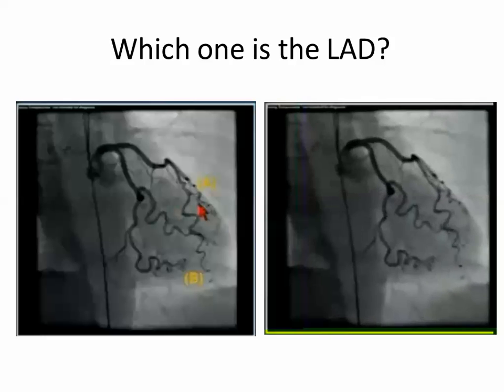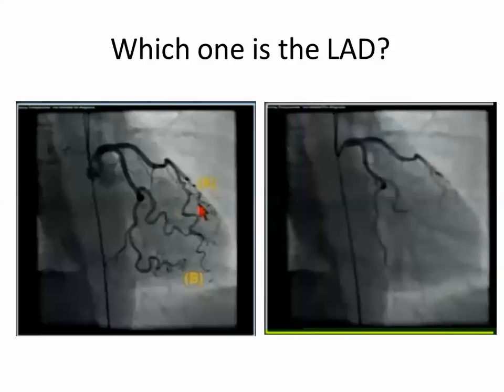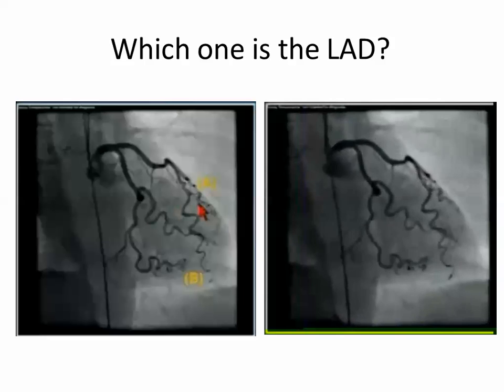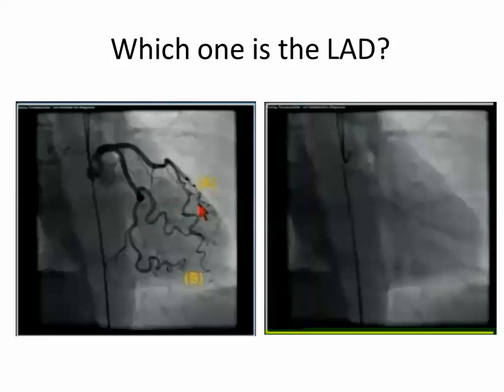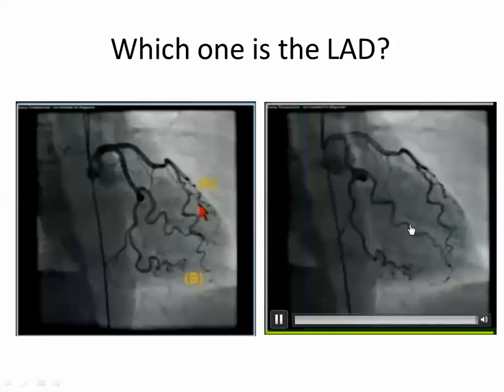Okay, OM, we will review rapidly. Dr. Marwan, where is the OM? This or this or this? This. Okay. What is this view, RAO or LAO? RAO. What are our clues that it's RAO?